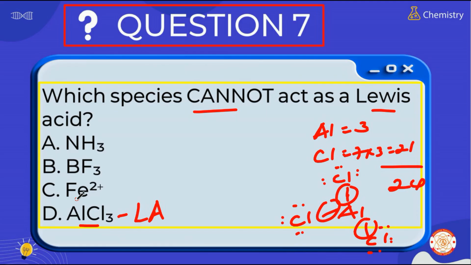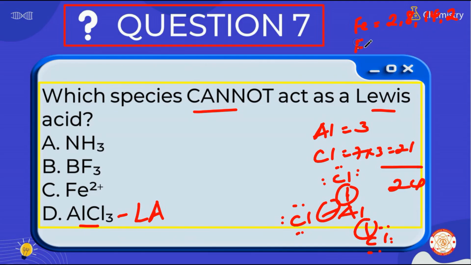Okay. Iron plus 2. Okay, so I'm going to write it here. Iron plus 2. So iron has how many electrons? 26. Iron has an atomic number of 26, right? 2, 8, 14, 2.